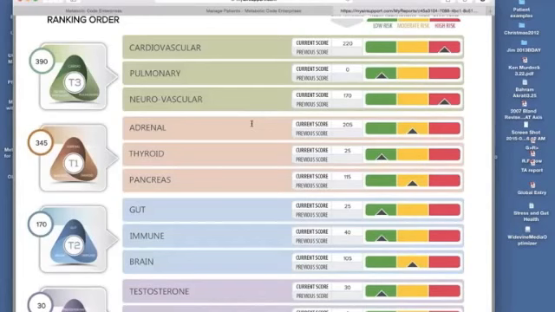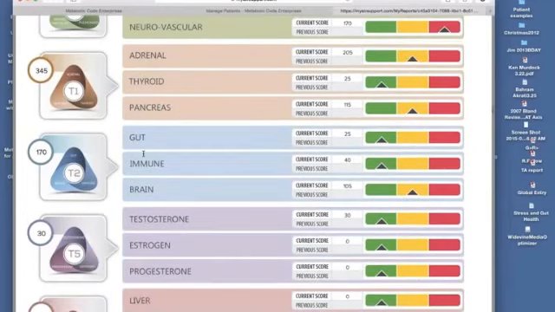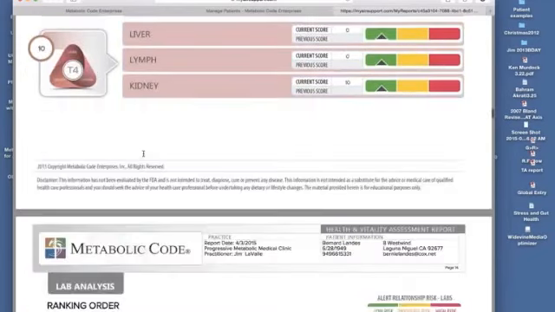And then other people, you look at their labs and they're really bad, and yet they don't report many symptoms. So it's important to look at both symptoms and the labs, both individually and then additively. In this case, cardiopulmonary comes up number 1, and adrenal thyroid pancreas comes up number 2, versus how the labs and the questionnaire shook out.